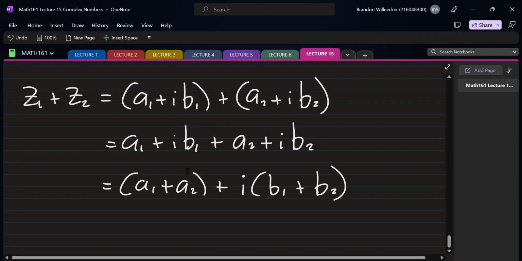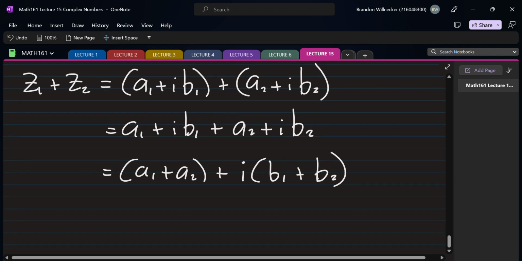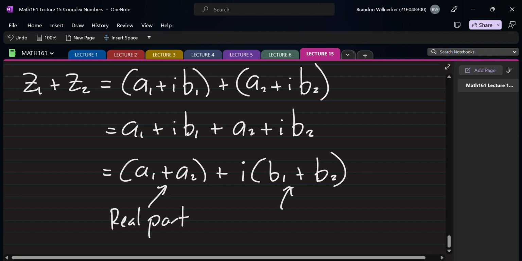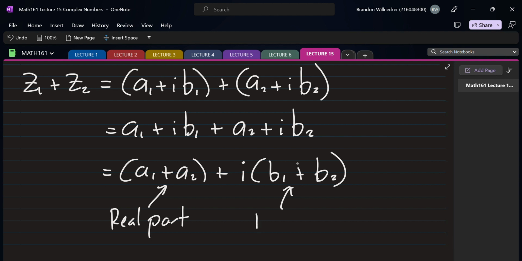And we see that if we ignore the inside parts of the brackets and just look at the brackets as a whole, we get that the first bracket is the real part of our new number, Z1 + Z2. And the second bracket, again, just ignoring what's inside, we've got something in brackets plus i times something. That other part must then be the imaginary part.